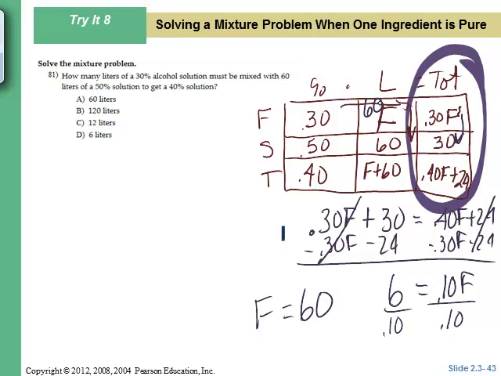So this is 60 liters. 60 times 0.30 is 18. 60 and 60 is 120. 120 times 0.40 is 48. 18 and 30 is 48, so it checks. We have 60 liters that we need to add.